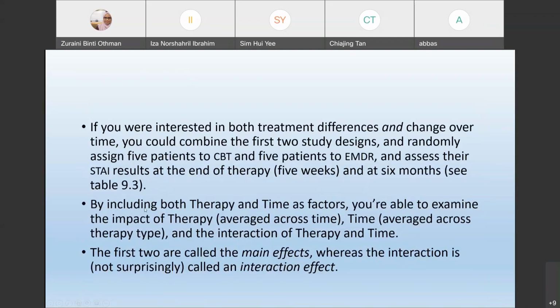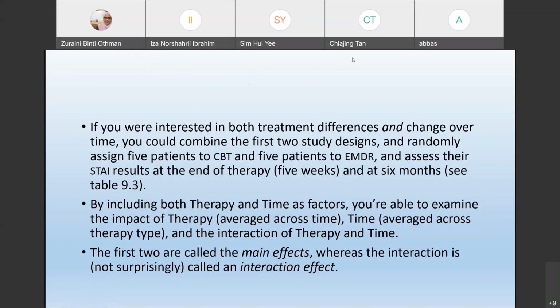By including both therapy and time as factors, now we know that the factors are the different therapy and different time. You are able to examine the impact of therapy averaged across time, time averaged across therapy type, and the interaction of therapy and time.